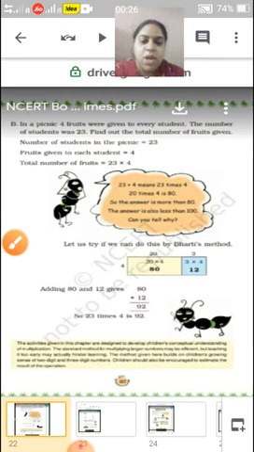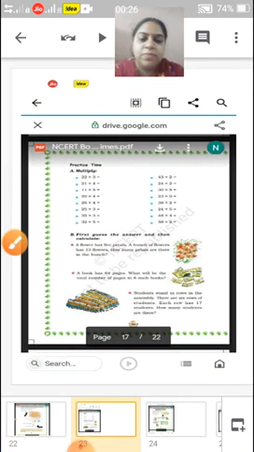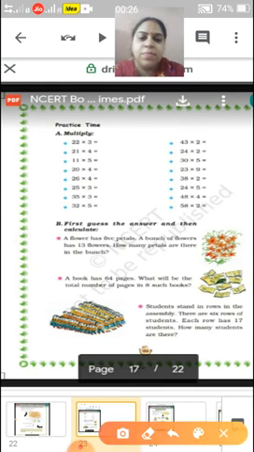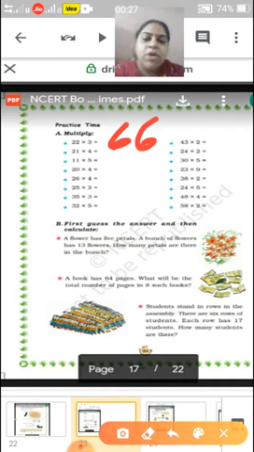Now come to the next page. Practice time. Here you have to multiply. Okay. Two I will do for you. Rest you will do on your own. 22 into 3 means 66. 43 into 2 is 86.